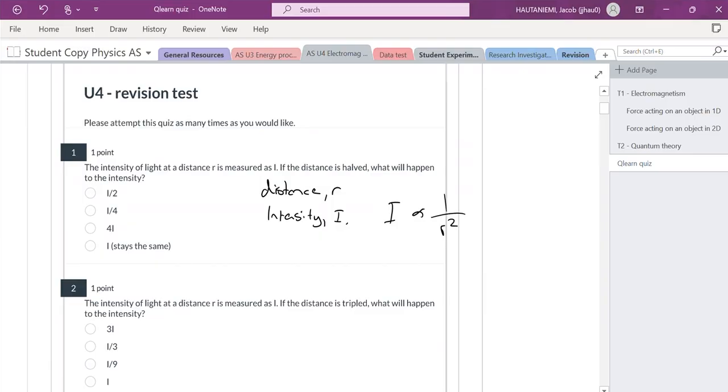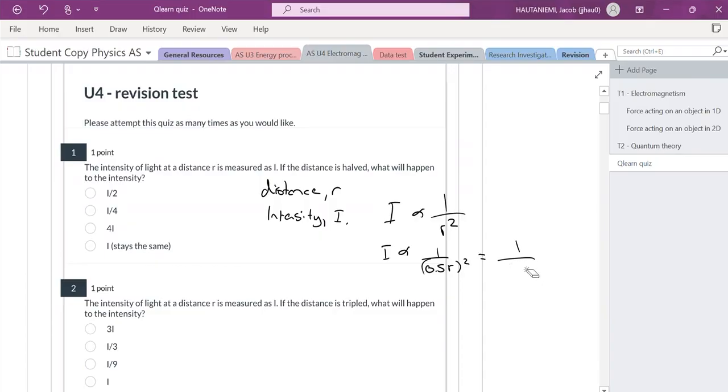If the distance is halved, what will happen to the intensity? Let's take a look. Just on my proportional relationship, 1 over 0.5r, all squared. Sorry, I shouldn't write it like that.